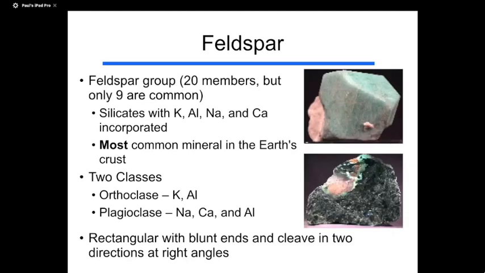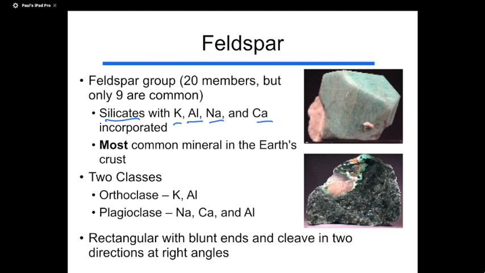Feldspar is the most common mineral on the Earth, and there are 20 members in this grouping, but only 9 of them are common. And so what are these made up of? They're the SiO4, the silicates, and what they have attached to them in the front as a cation is calcium, sodium, aluminum, and potassium.